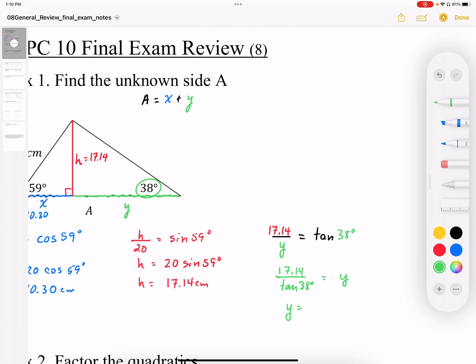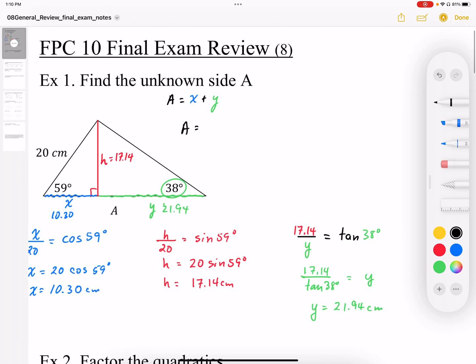So y ends up being equal to 21.94. And that means that I can now find the length of A.